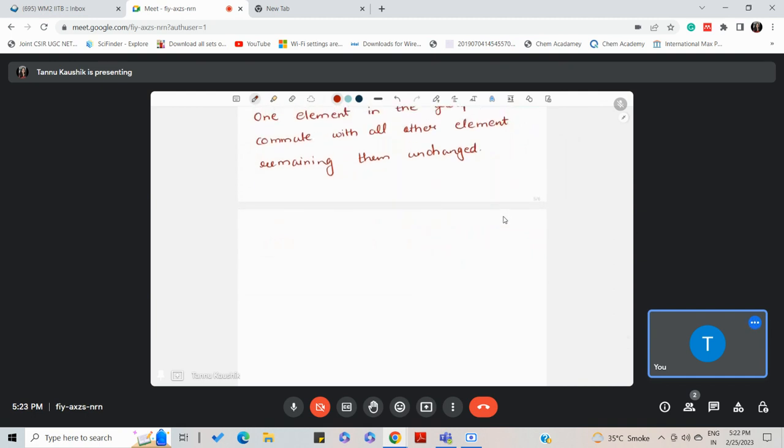And what is that element? That is the identity element. So we will always have an identity element, that is E, present in the group.